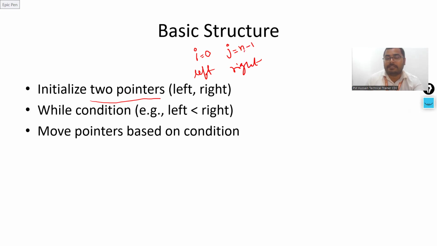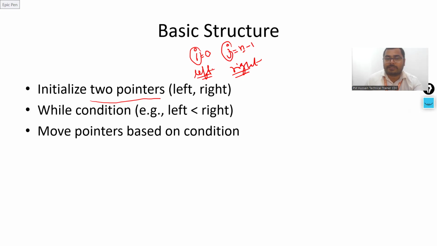Here n is the length of the array or the length of the string. Instead of the variables i and j, sometimes we may use left and right. These are just variable names; you can use any other variables also instead of these.